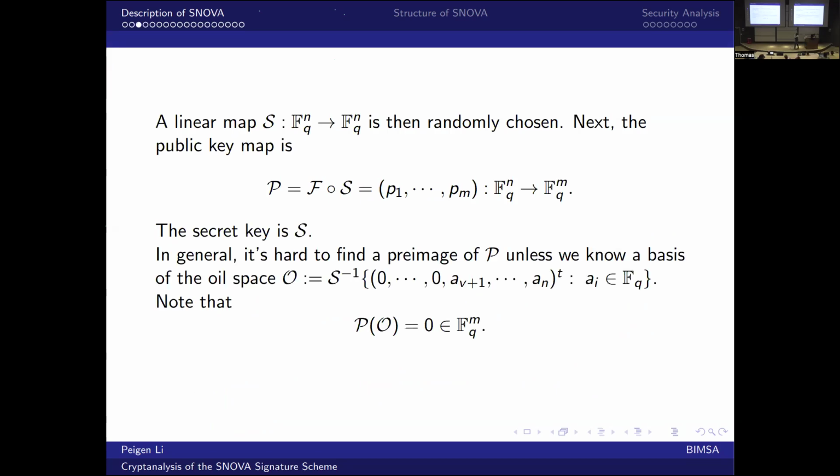In general, it's hard to find a pre-image of P unless we know a basis of the oil space O, where O is defined by the inverse image of this special space. Notice that P acting on O will map to 0.